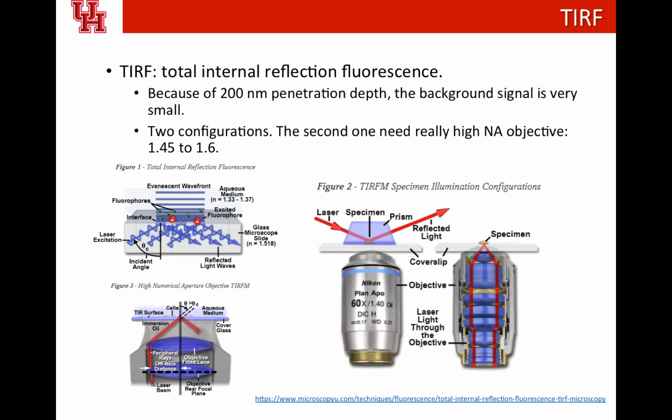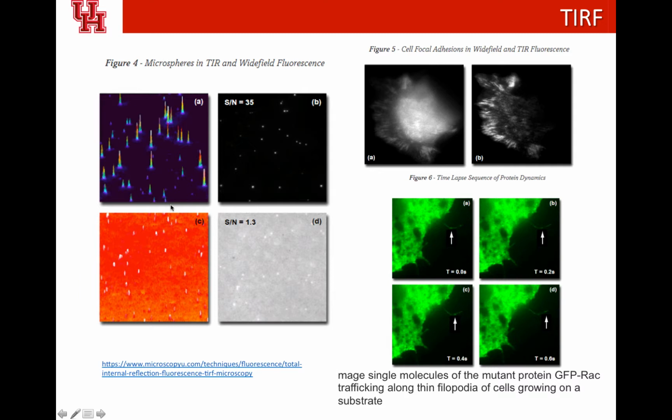So all the background fluorophores, like 1 micron away, 3 microns away, don't get excited, and they will not emit any fluorescence light. So there is almost no background signal, which can be seen from this figure very clearly.